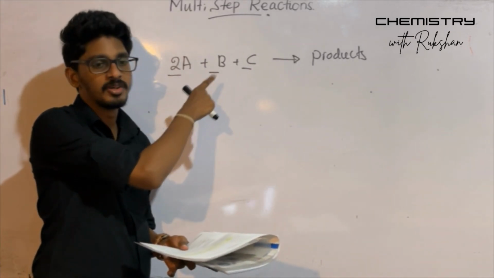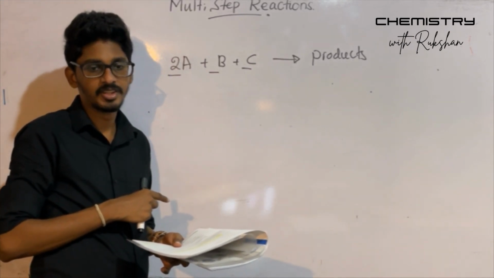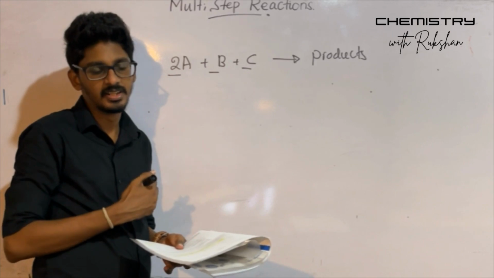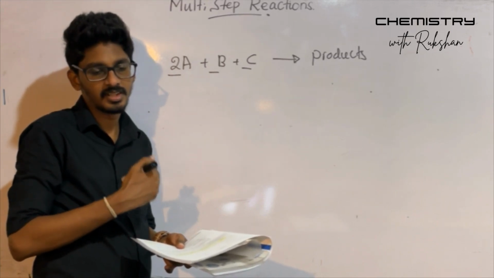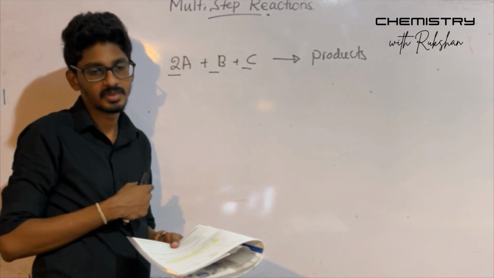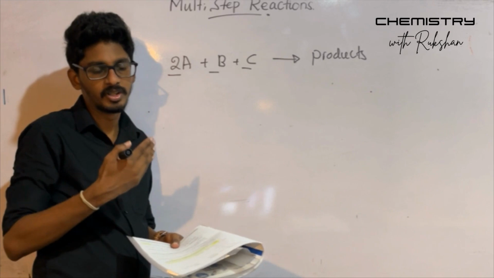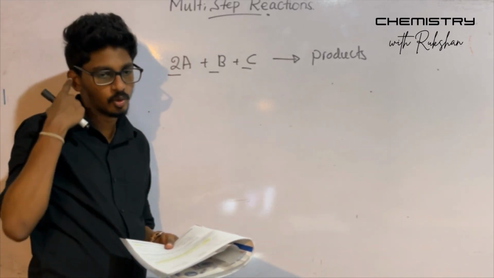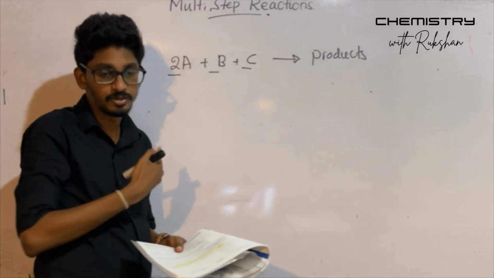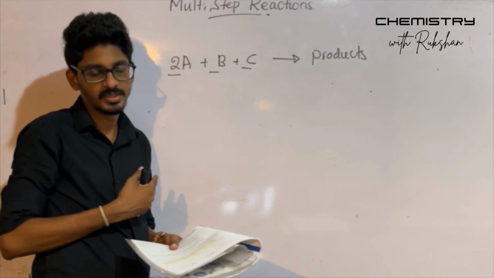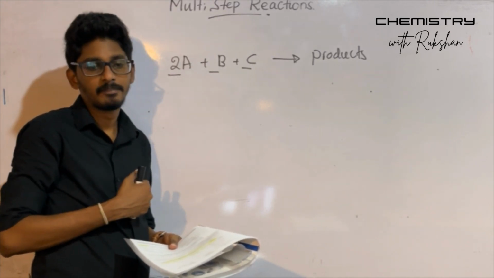If the stoichiometric summation of the reactants exceeds 3 units, definitely those reactions can't be elementary, because molecularity can't exceed 3. In elementary reactions, the molecularity is given by the summation of the stoichiometric values of the reactants. So if it exceeds 3, definitely those reactions should be multi-step.